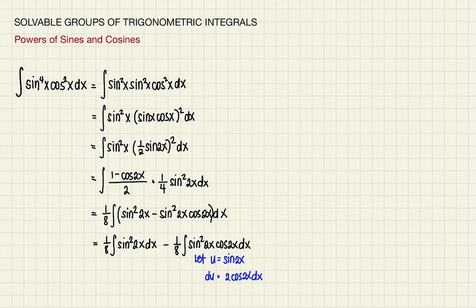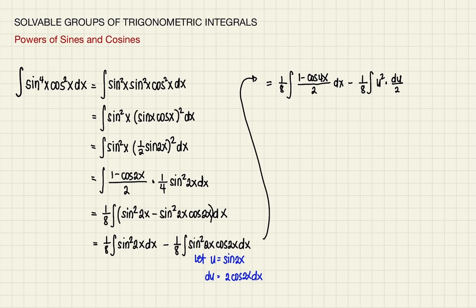So rewriting our integral, that would give us 1 over 8. And then we reduce the exponent. We write that as 1 minus cosine of 4x over 2 dx minus 1 over 8 integral of u squared du over 2.